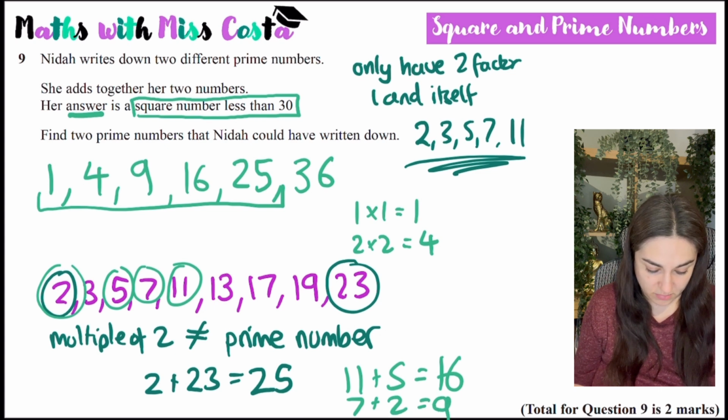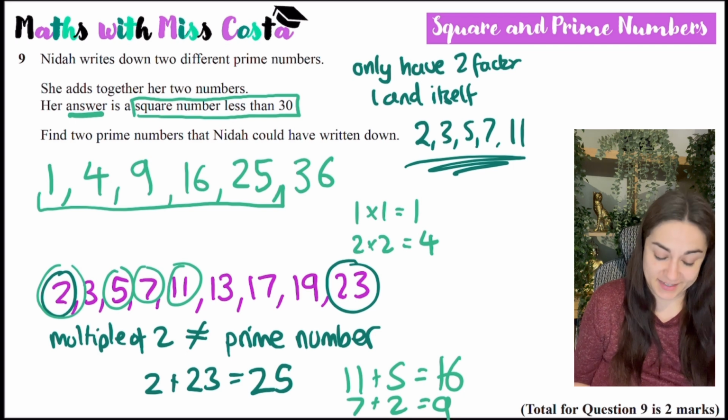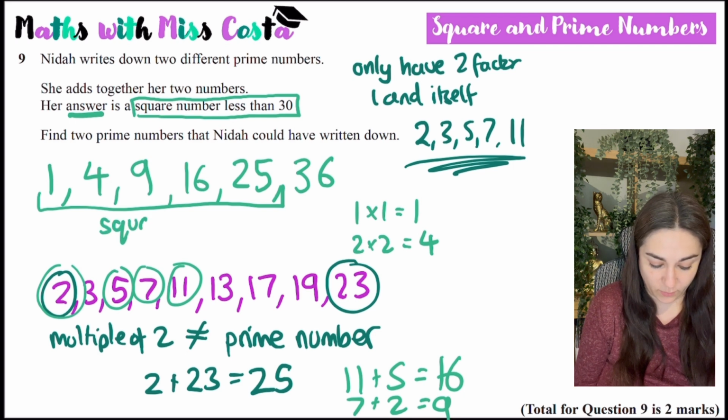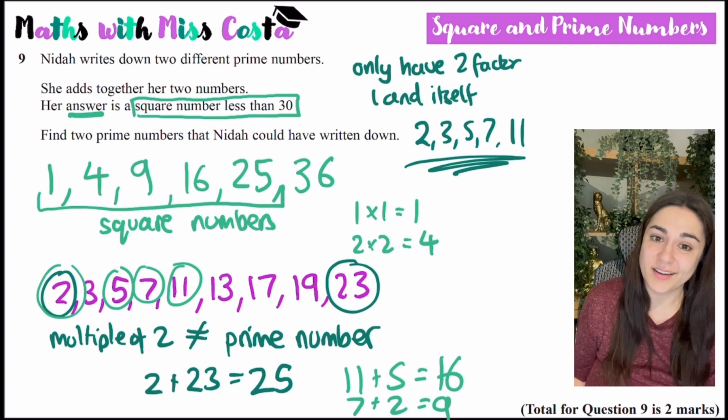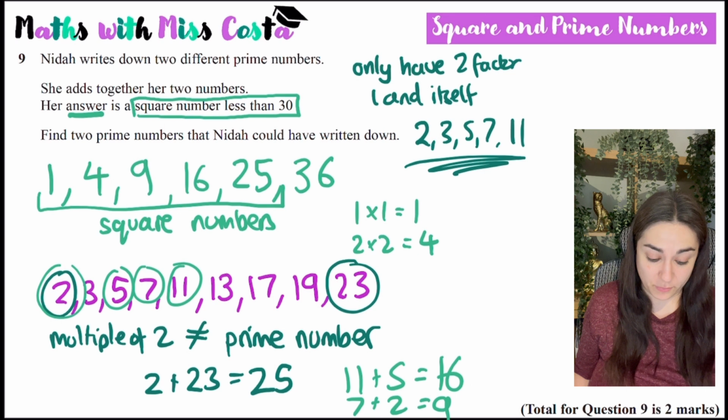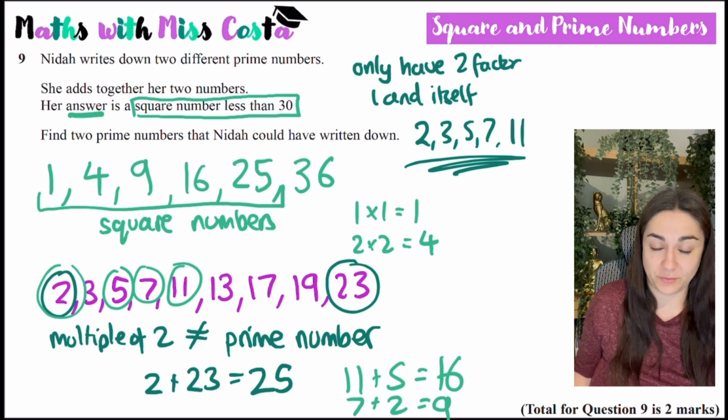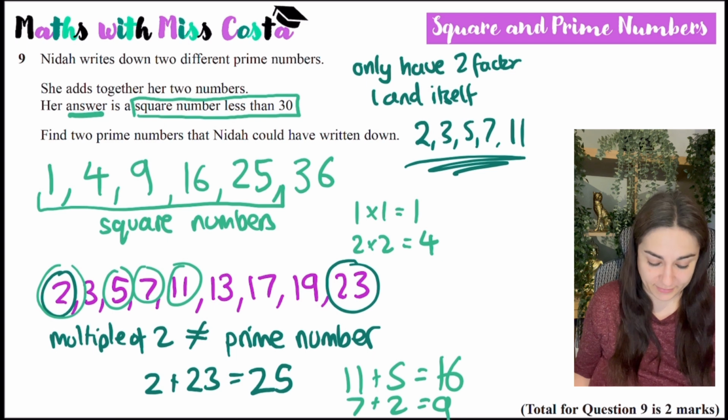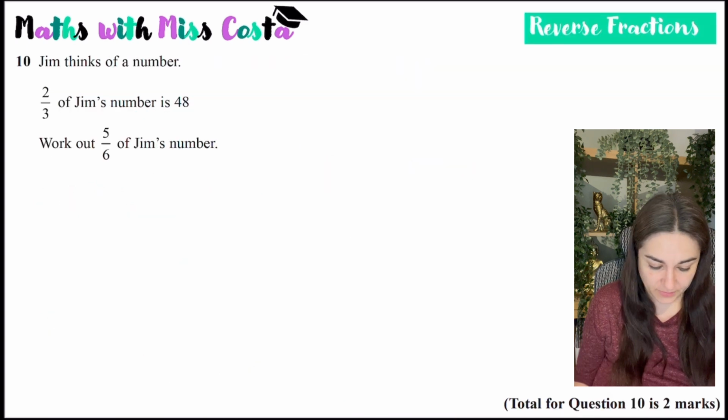And are there any others? There might be some others, but basically any of these numbers added together to give you one of these numbers, which are the square numbers. So knowing your square numbers and knowing your prime numbers is quite important. So they're just numbers that you can either memorize, or for your square numbers, you just literally try multiplying each number by itself. So 1 times 1, 2 times 2, 3 times 3, and so on.